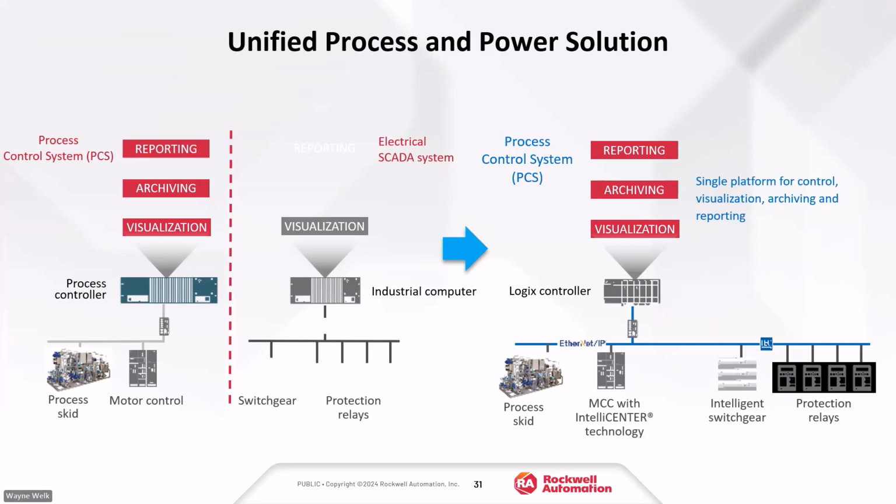So you have two different visualization systems. They may or may not talk to one another. Even if they do talk, there's really just one pipe, and that might be limited information. So if you had a serious power issue that took out your process system, then the process guy has to call the electrical guy and say, hey, what's going on, instead of putting that together.